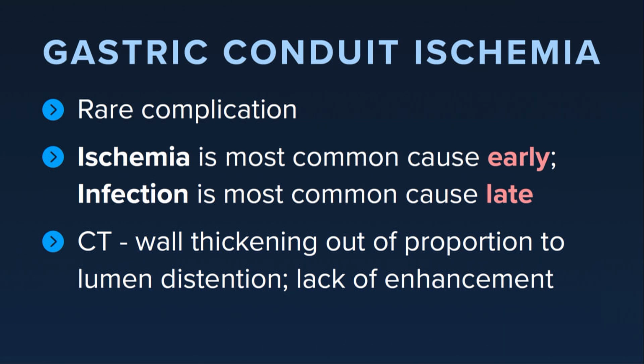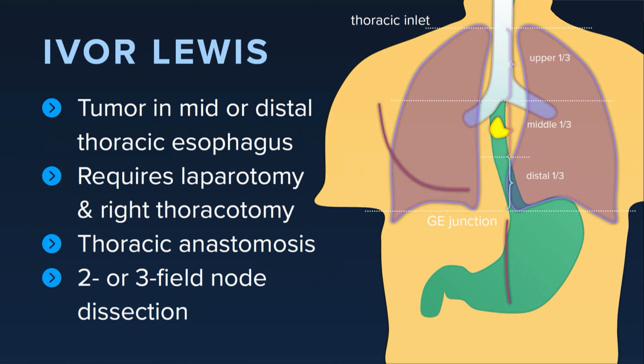So fortunately, it's pretty rare. Ischemia is the most common cause, particularly early on, but infection can actually lead to ischemia as a later complication. And as we see here, you have wall thickening out of proportion to the luminal distension. And if you give contrast, you'll see a lack of contrast enhancement within the conduit.